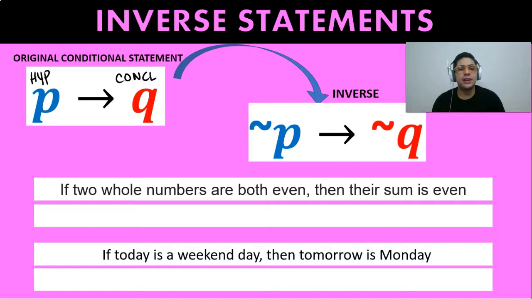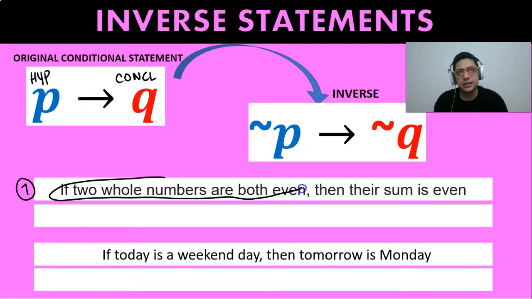So if we have a statement, like for example, the first one, we're going to be taking a look at this one. If two whole numbers are both even, then their sum is even, right? So when we see that, we are going to first of all find the negation of the hypothesis.